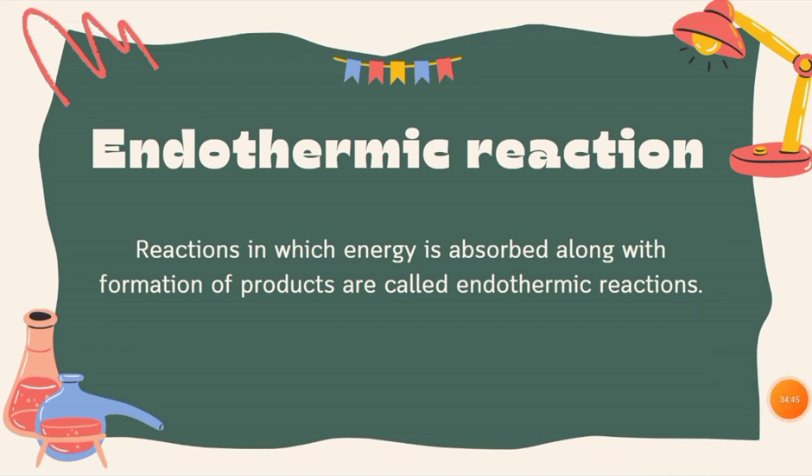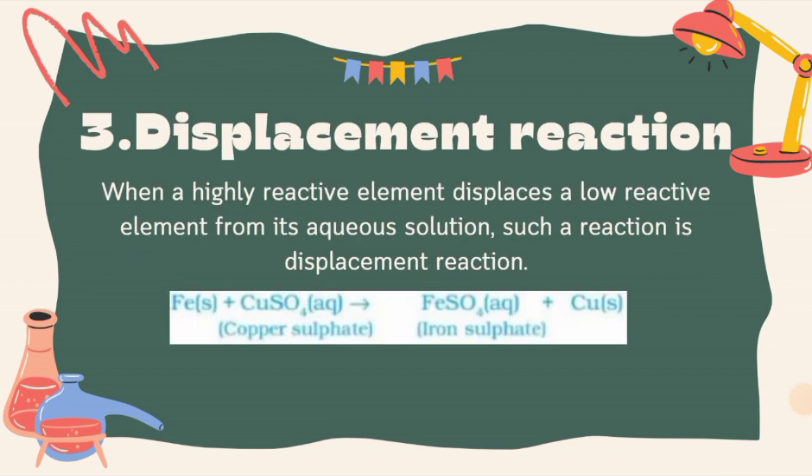So next we will see something interesting, displacement reaction. Okay, this reaction is very nice. When you do it in the laboratory, it will be very nice. When a highly reactive element displaces a less reactive element from its aqueous solution, such a reaction is a displacement reaction. See, you will learn about highly reactive and less reactive elements in a further chapter, but you need to remember this very clearly.